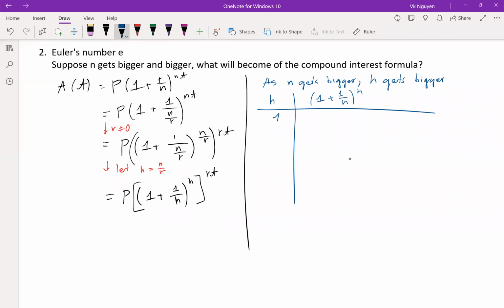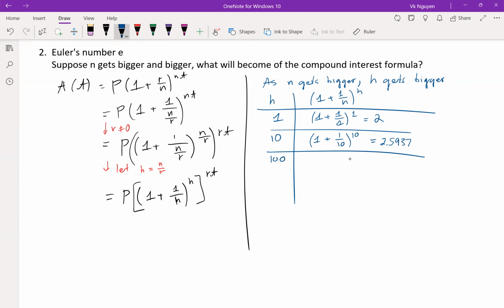When h equals 1, we do the substitution: 1 plus 1 over 1 to the power 1, which is 2. When h is equal to 10, 1 plus 1 over 10 to the power 10, and we get 2.5937.